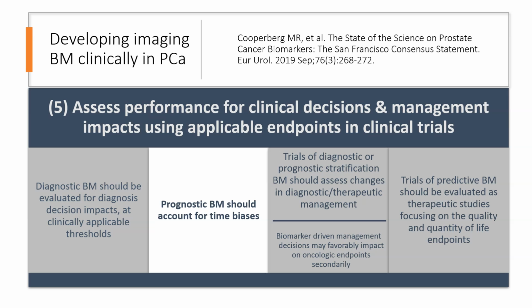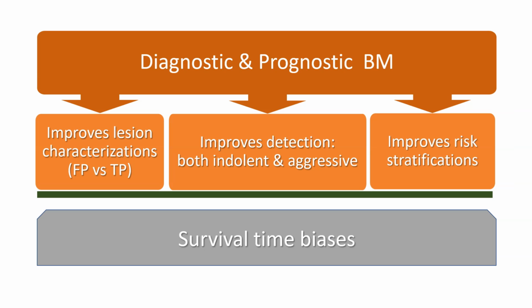Sticking to the theme of clinical trials, the next most important thing to do is to make sure that prognostic biomarker development takes into account time biases. What are these time biases? Well, we know that diagnostic and prognostic biomarkers improve lesion characterization, in other words, false positive versus true positive distinctions, improve detection, often of both indolent and aggressive disease, and improve risk stratification.